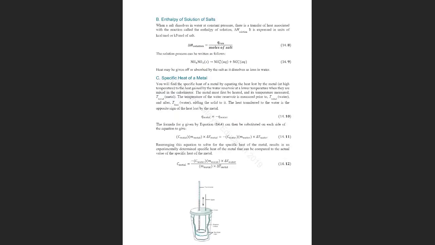And then the B part, we are going to calculate the enthalpy of solution of salts. So when a salt dissolves in water, it's a transfer of heat. And at constant pressure, that heat transferred is called the enthalpy of solution, delta H.